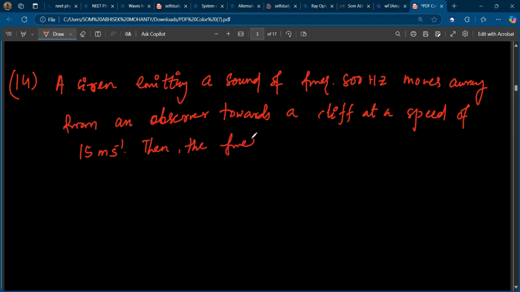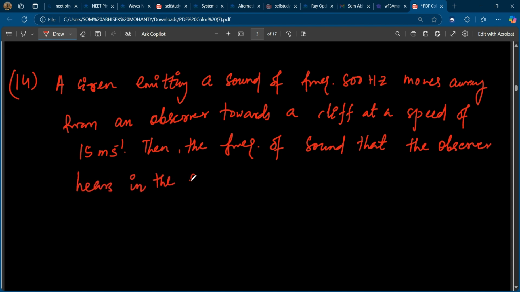the frequency of sound that the observer hears in the echo reflected from the cliff is what?